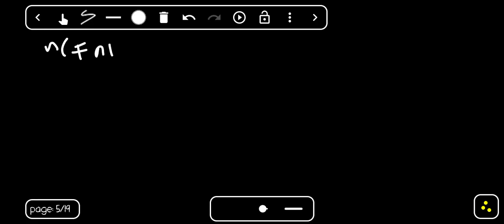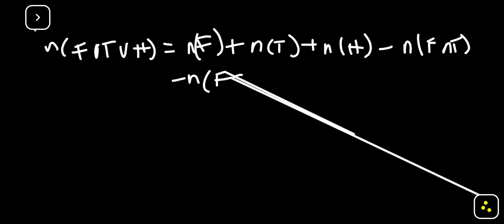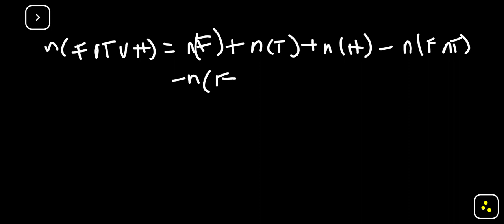The formula says that the union of all three banks, First union Trust union Hallmark bank, is equal to number of First plus number of Trust plus number of Hallmark, then we subtract all the intersections: minus number of First intersection Trust, minus number of First intersection Hallmark, minus number of Trust intersection Hallmark.